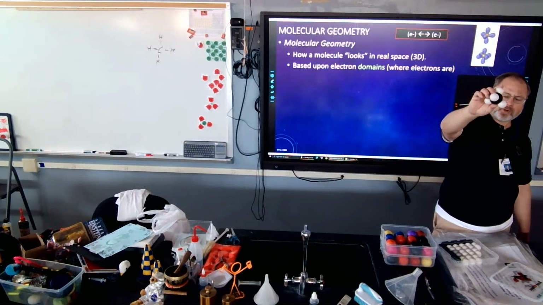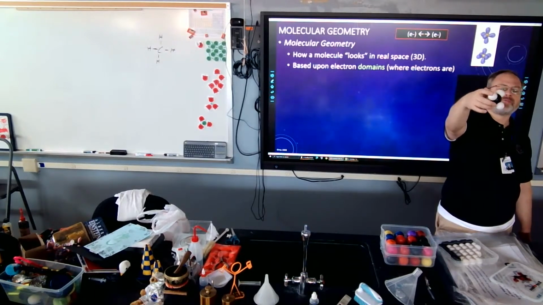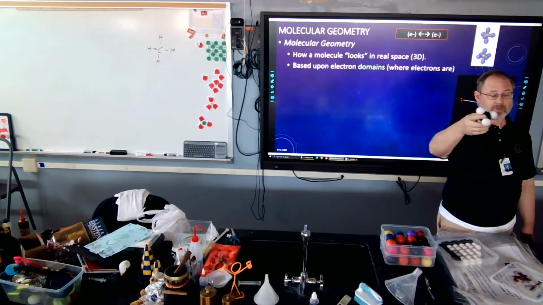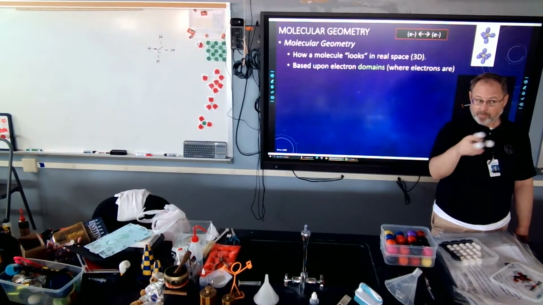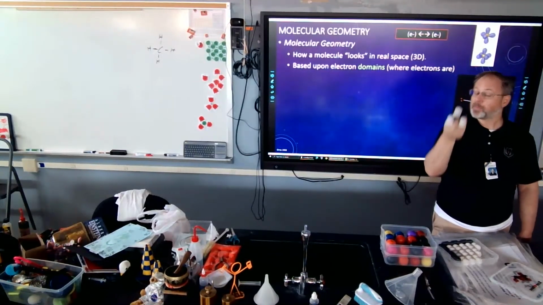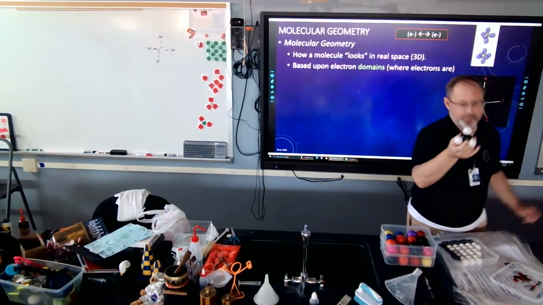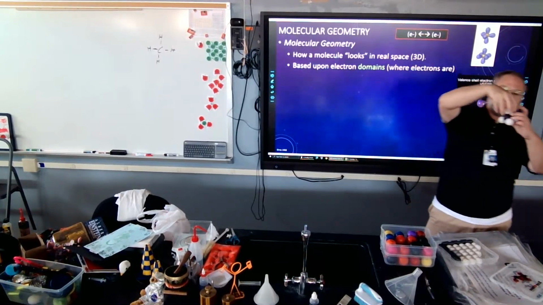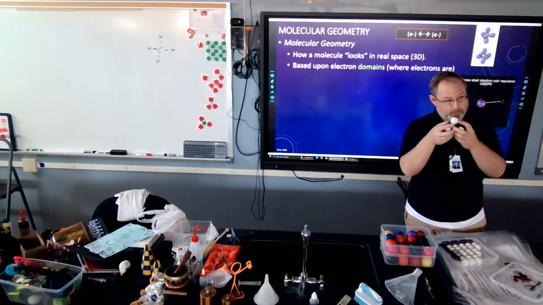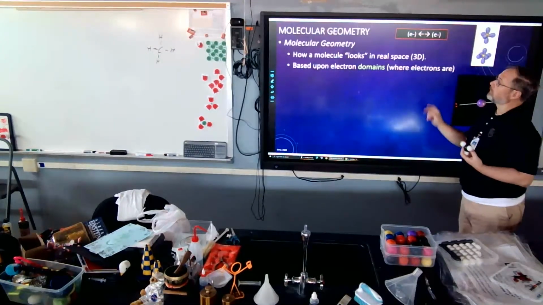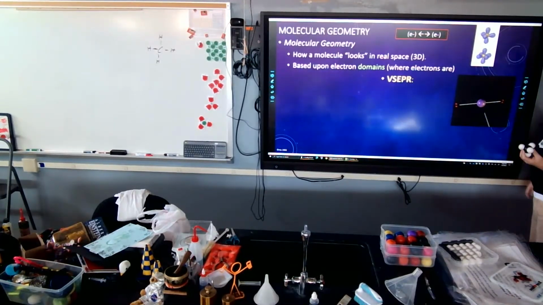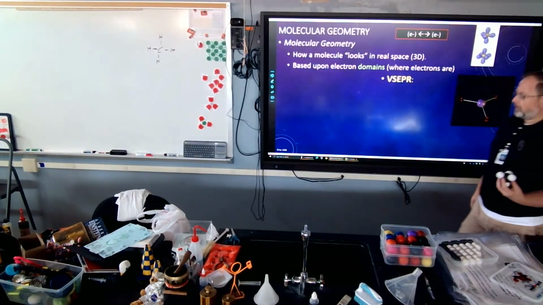where each one of those domains wants to get as far away as possible from all the other domains, because opposites attract, but likes repel. So this domain repels this domain, repels this domain, repels this domain. So the idea we use is called VSEPR.